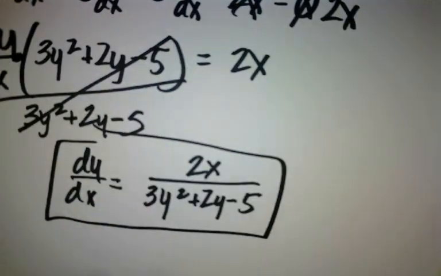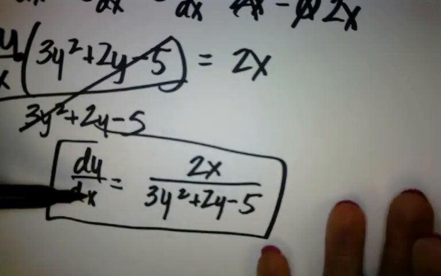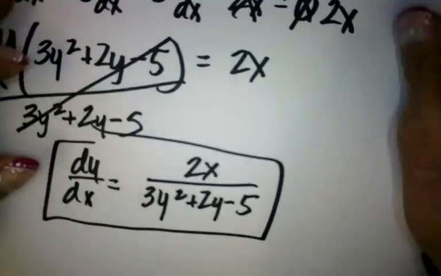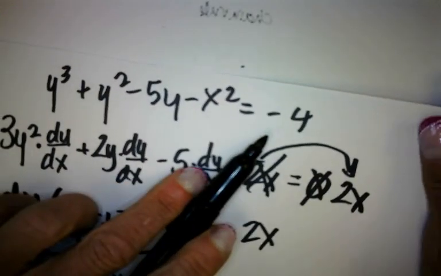So this is a formula for the slope of this function at any point.